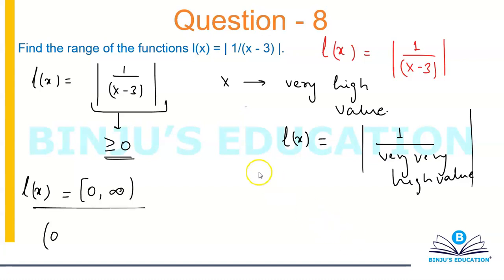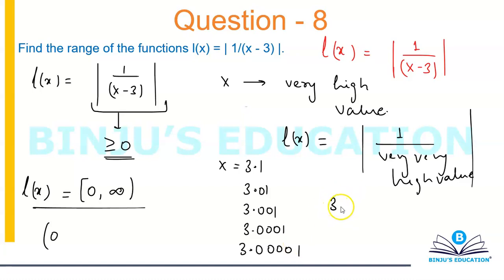Now as close to 3 does not mean x is 3.1, because 3.01 is closer, 3.001 is even closer, 3.0001 is even closer. Then 3.000, let's suppose 100 zeros and then 1, will be much closer.